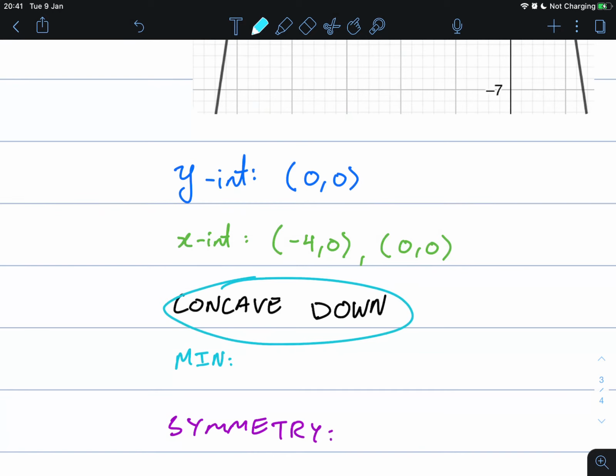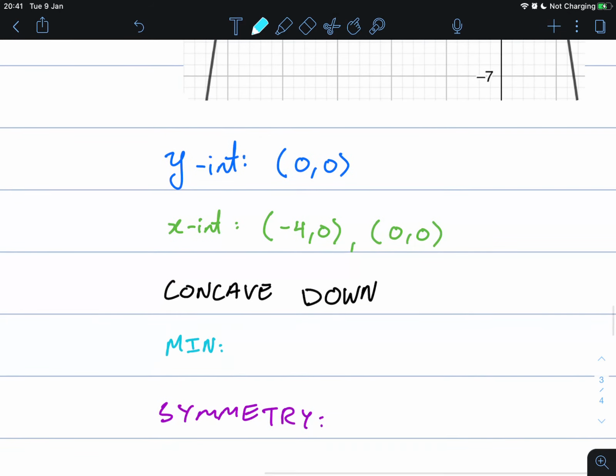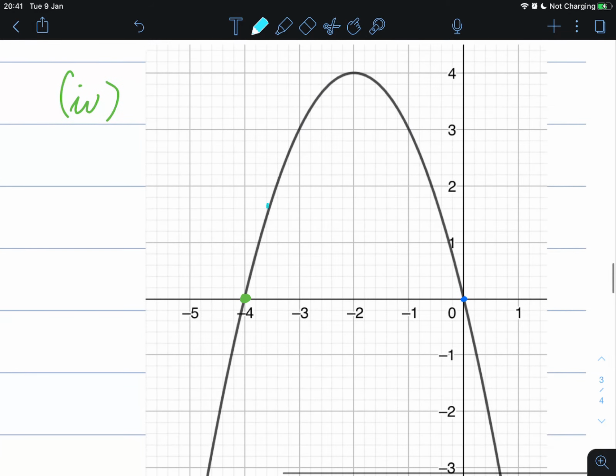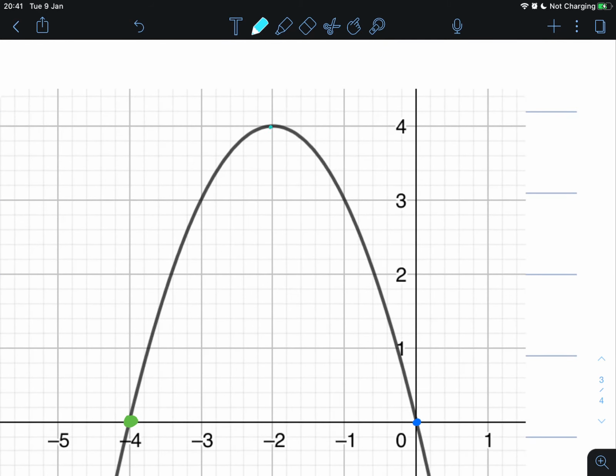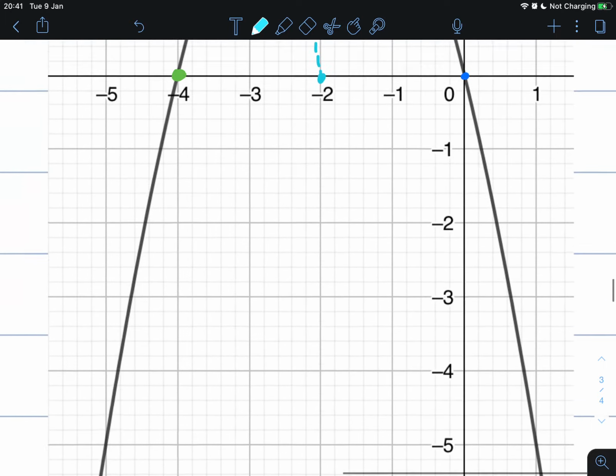And because it's concave down, this is no longer a minimum. It's actually a maximum value. We can see it's a lot clearer in this one. It's at x equals -2 and y is equal to 4.